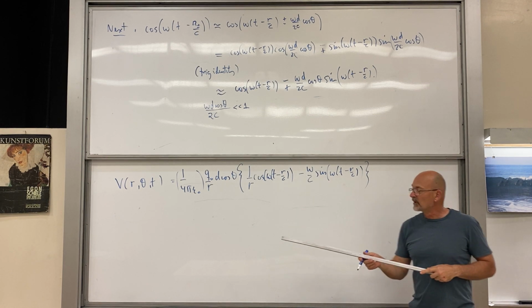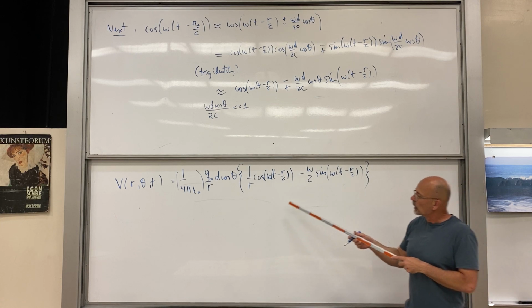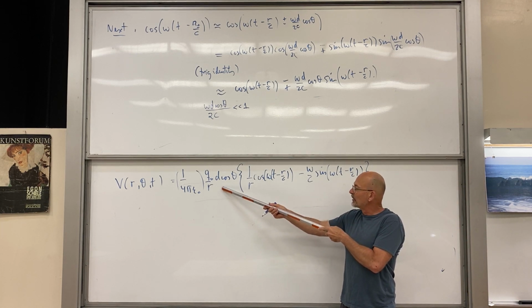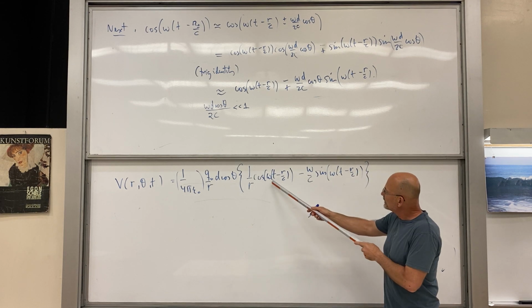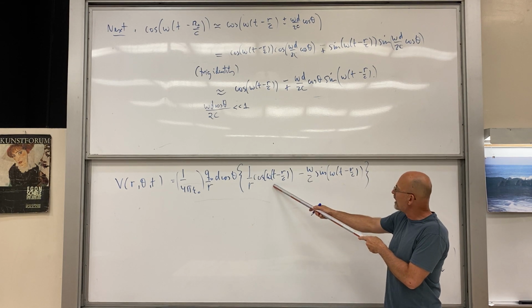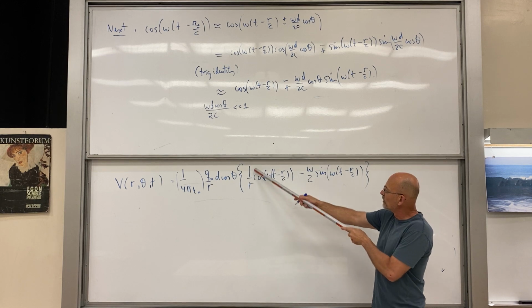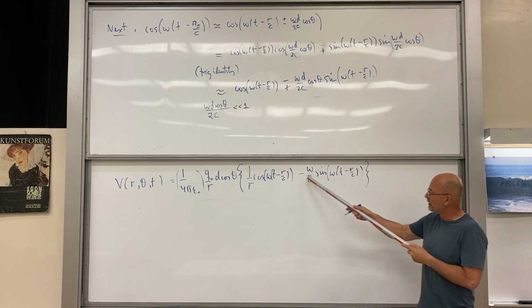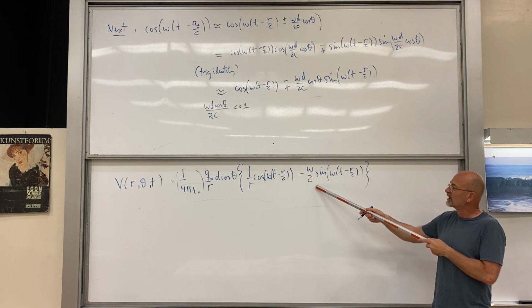And if you'll remember, we're taking the lowest inverse power of r. That's the only one that actually contributes to the radiation. So this term will actually be dropped as well, because the 1 over r at great distances is going to be much, much smaller than the omega over c.